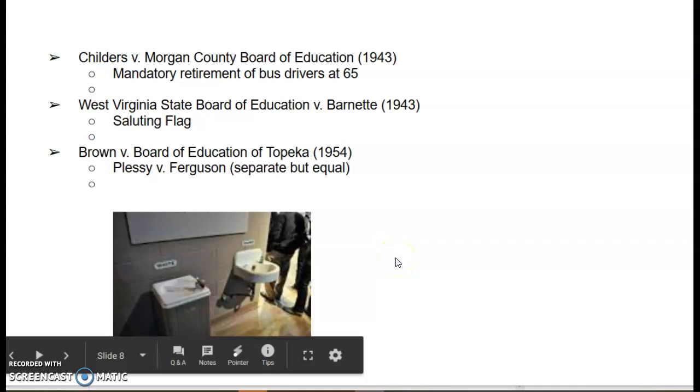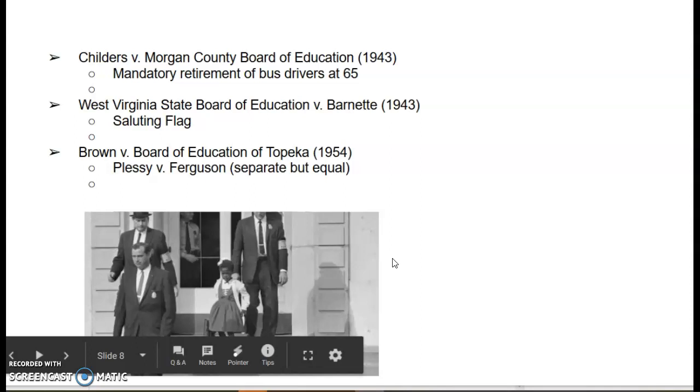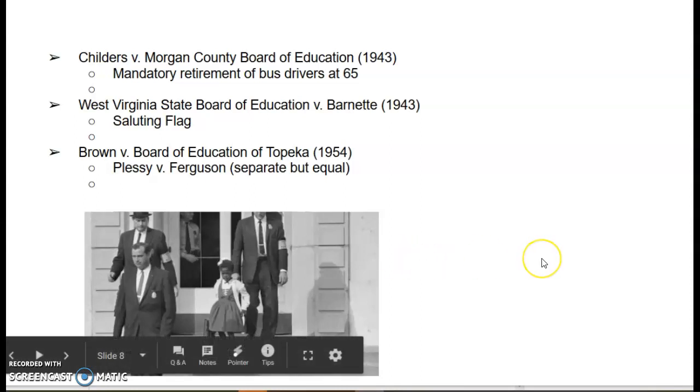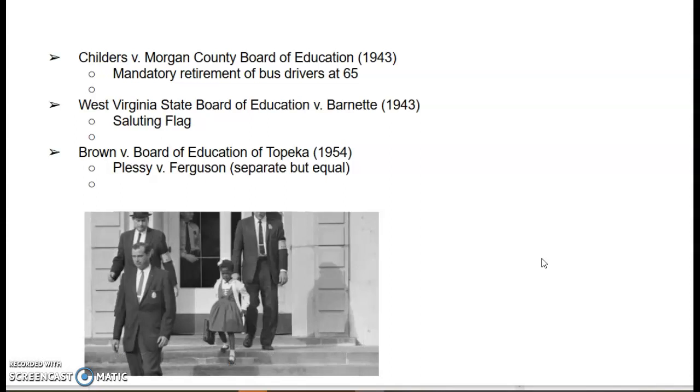And in 1954, the important Supreme Court case Brown versus Board of Education said that we have black schools and we have white schools, and by and large the white schools are better, and we need to give students of all colors the chance to have an equal education.